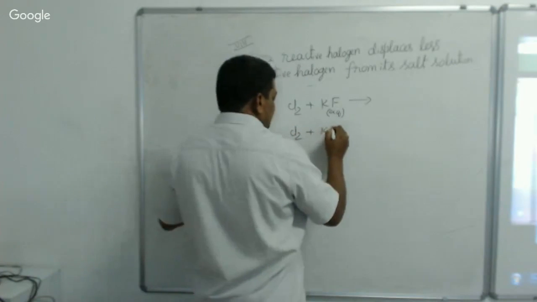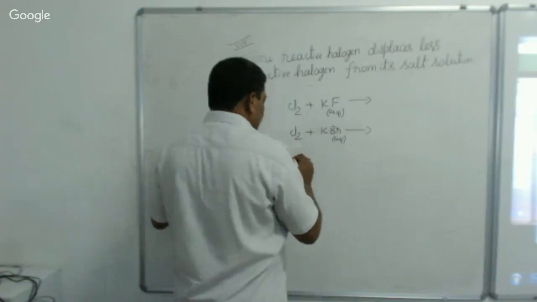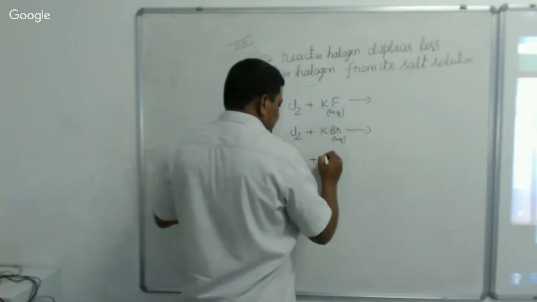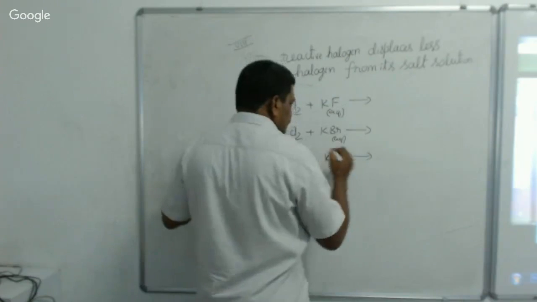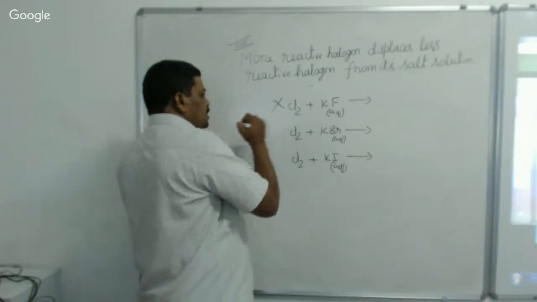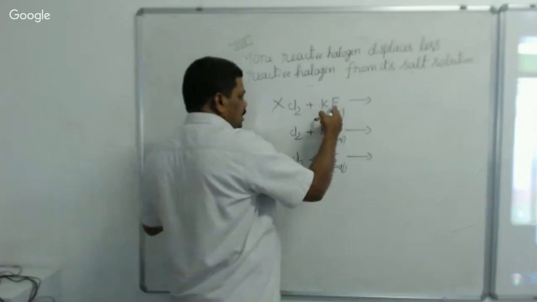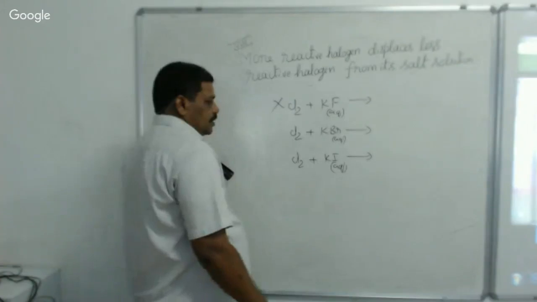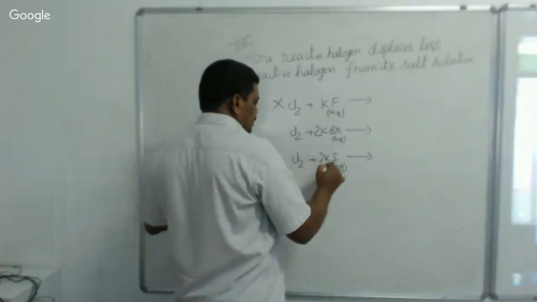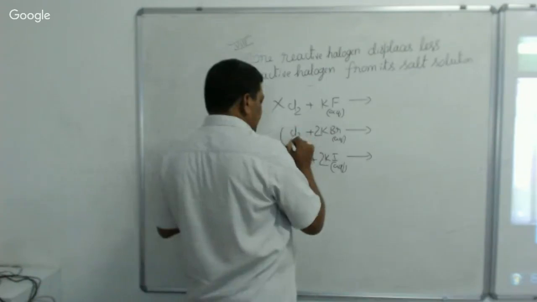So how many of these are feasible? How many of these are non-feasible? First one is non-feasible because chlorine is less reactive, cannot displace more reactive fluorine. But second and third, these are feasible because it is more reactive.